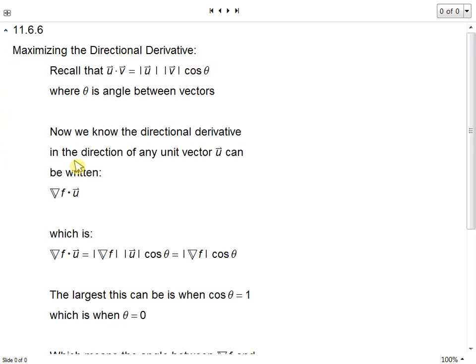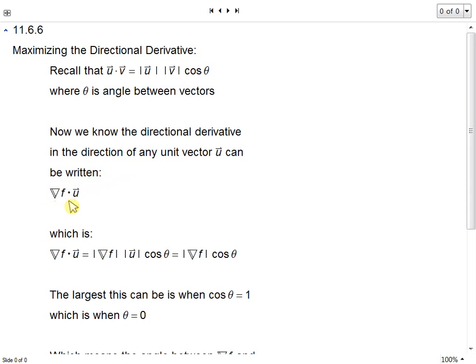But let me go back up here. Remember that the dot product, when we first defined it, we said it was equal to the magnitude of u times the magnitude of v times the cosine of the angle between the two vectors. We can rewrite the directional derivative as a dot product.